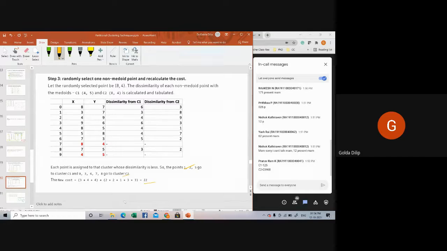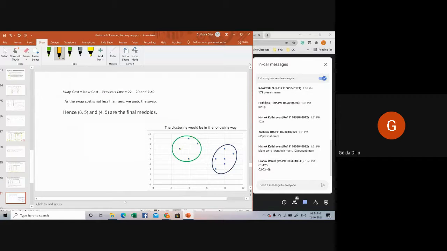So in that case, you compute the swap cost: the new cost minus the previous cost. New cost is 22 minus the previous cost 20, you will end up with 2. So that's greater than 0. The swap cost is not less than 0, so what we do is we undo the swap.